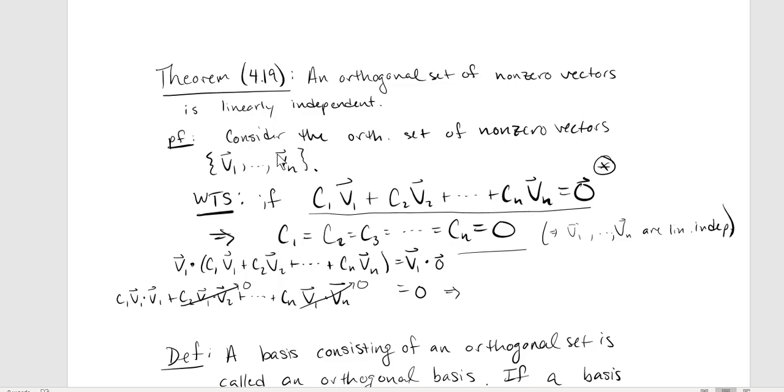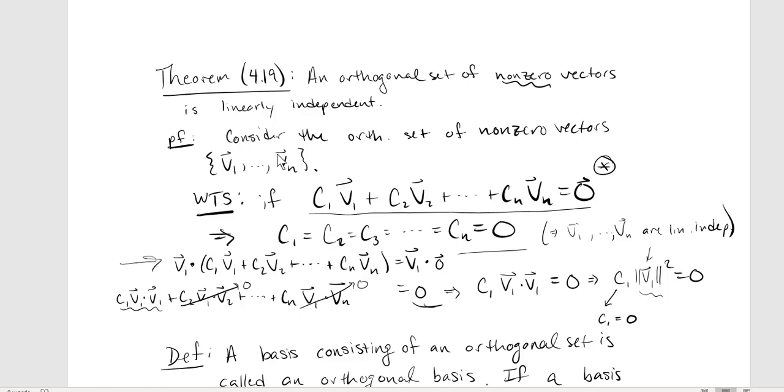So that implies that only this first term survives, and we get C1 times V1 dot itself equals 0, the 0 on the other side of the equation here. But when I dot a vector with itself, I'm really just getting the magnitude squared of that vector. And we know these are non-zero vectors, so this magnitude is not 0. So the only way we can satisfy this equation is if C1 is 0.